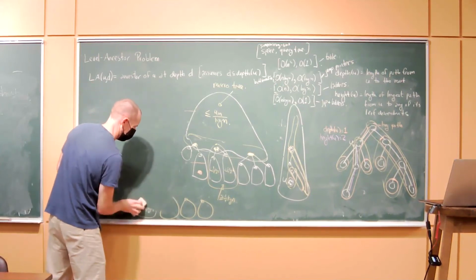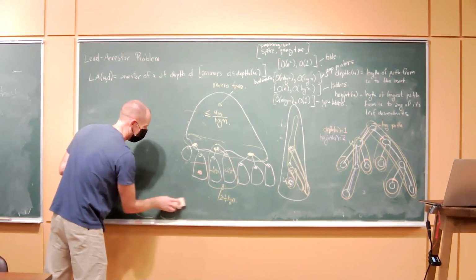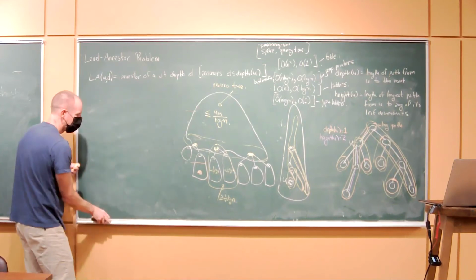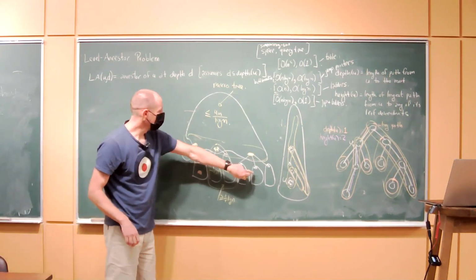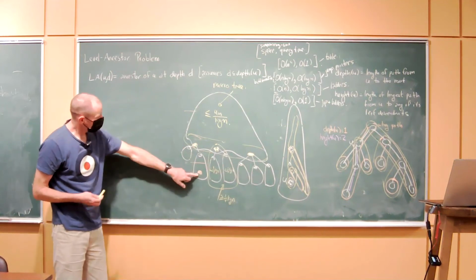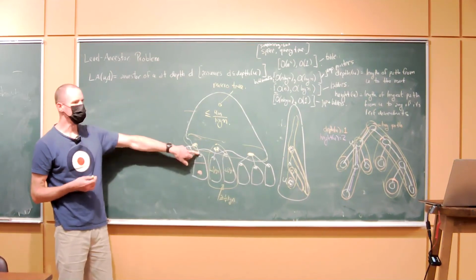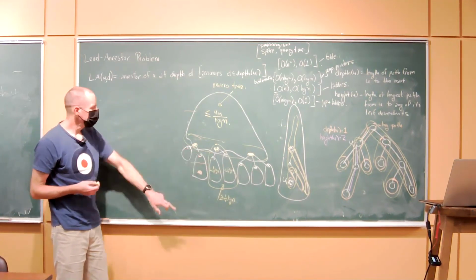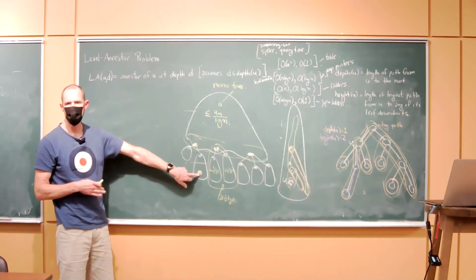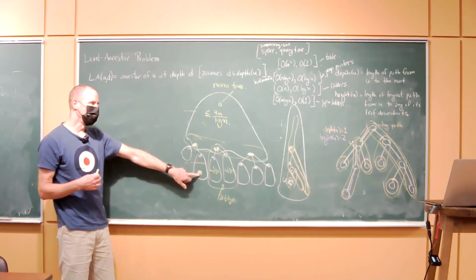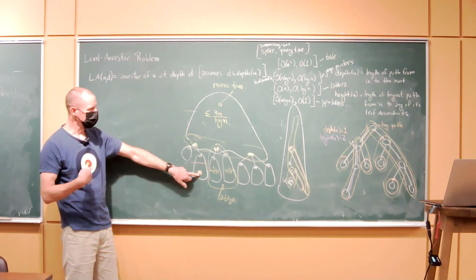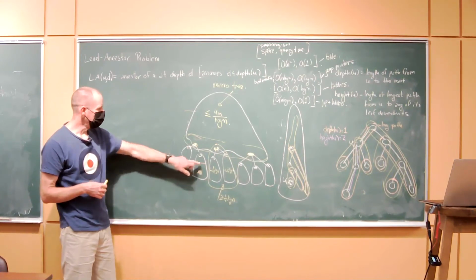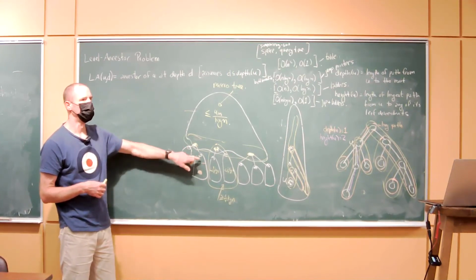And all I need to be able to do now, so every one of these nodes in this subtree, they remember their depth, and they also keep a pointer to the root of their subtree. That way, if you ask me for a query about one of these nodes, I can check if the query depth you're asking for is smaller than the depth of the root or larger.